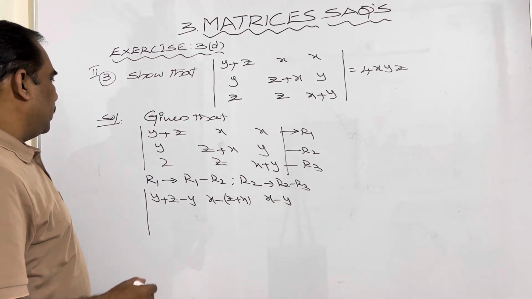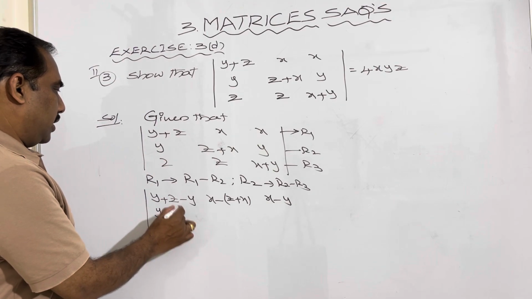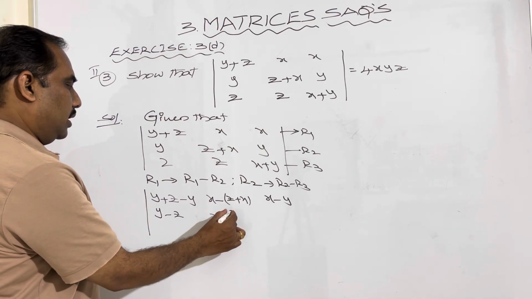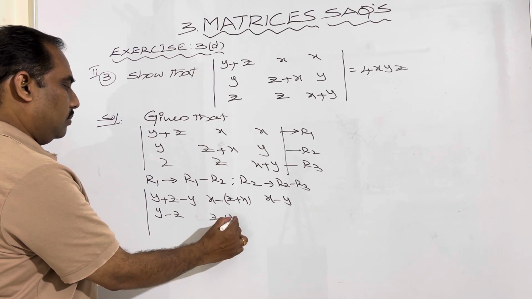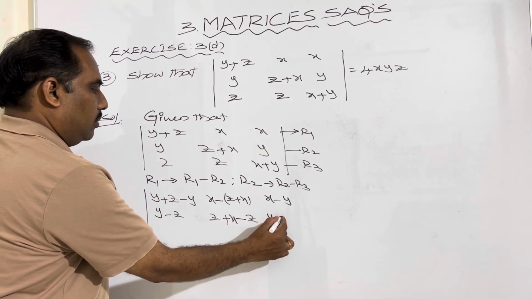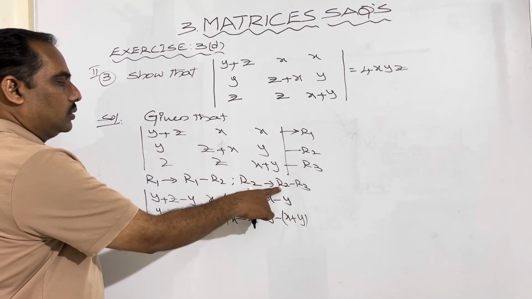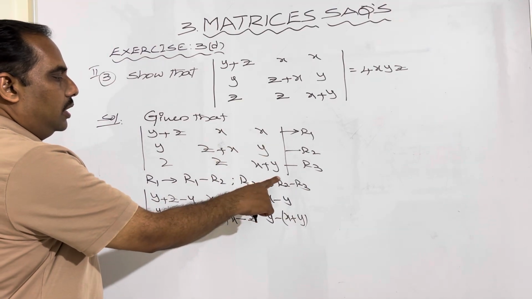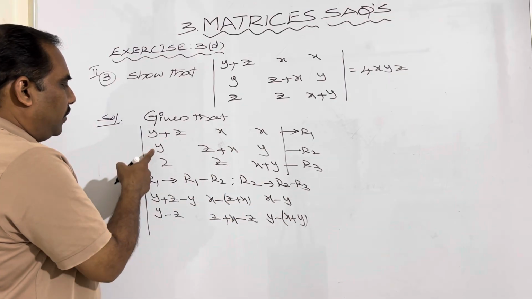See what we get. So y minus z, writing in the place of R2, z minus (z plus x) minus z, and here y minus (x plus y). So R2 goes to R2 minus R3, writing in the place of R2, subtracting R3 from R2.